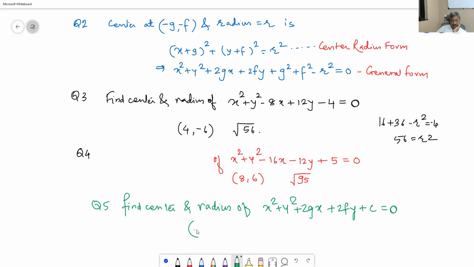So center is minus g comma minus f and radius is equal to root of g square plus f square minus c.